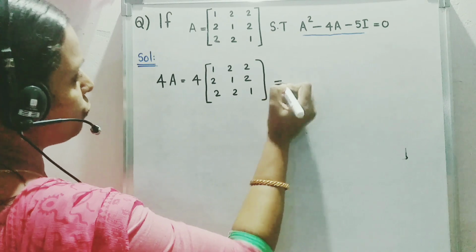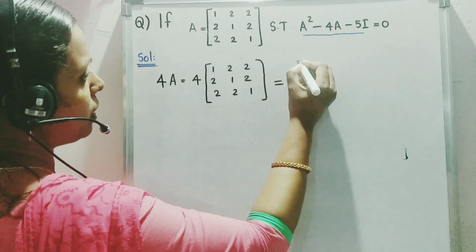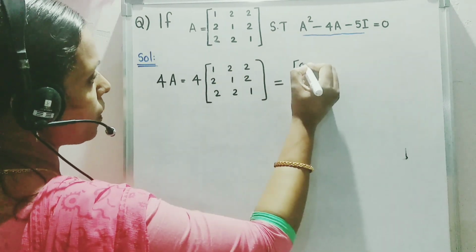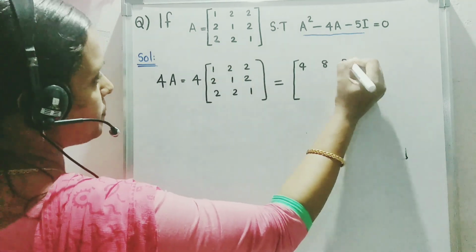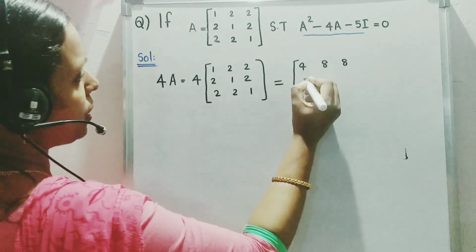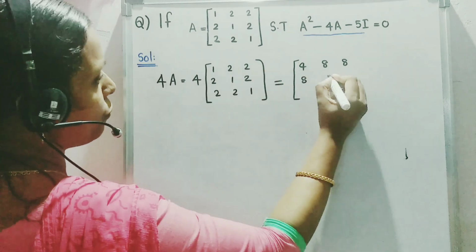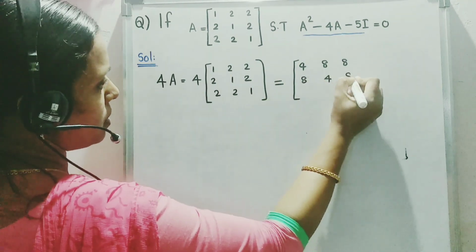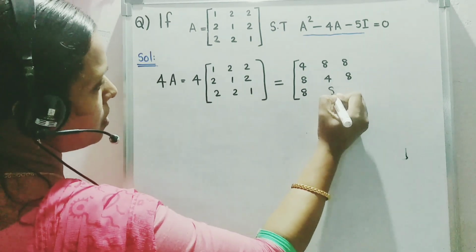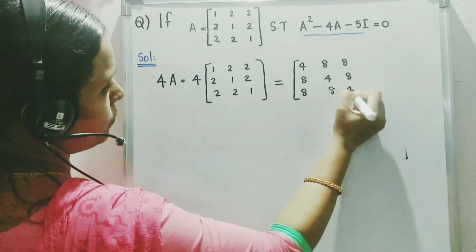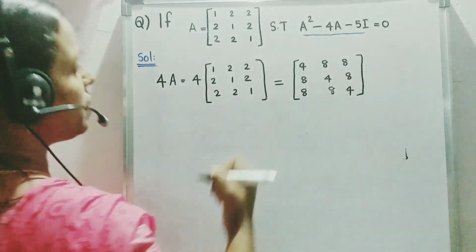Then multiply with 4. We get 4 into 1, that is 4. 4 into 2, 8. 4 into 2, 8. Next 4 into 2, 8. 4 into 1, 4. 4 into 2, 8. Next 4 into 2, 8. 4 into 2, 8. 4 into 1, 4. Multiply each number by 4.